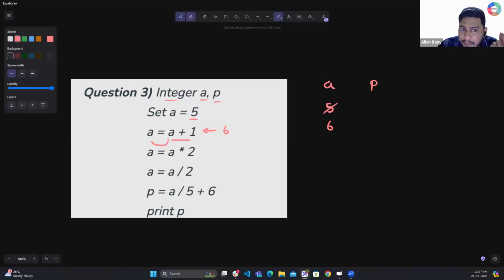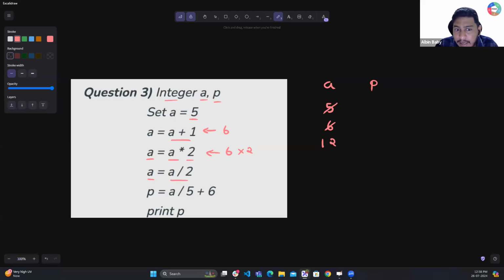A equals A plus 1. Got it? So you're reassigning A. Clear? Now A equals A times 2. A was 6, so 6 into 2 will become 12, right?